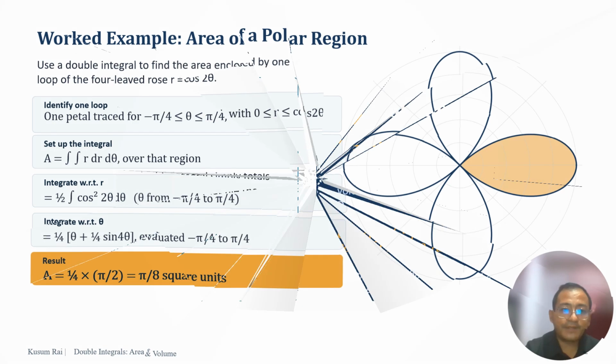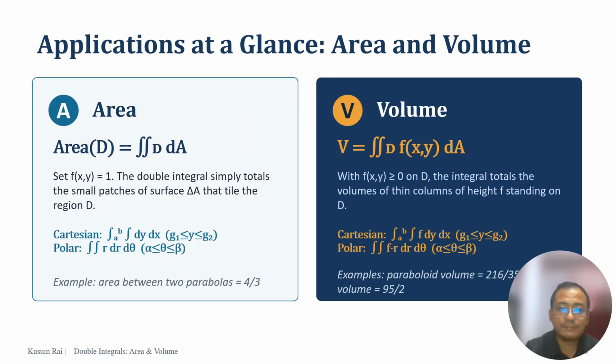So okay, at a glance: area and volume. Area of D is equal to the double integral over the region of dA, so set f(x, y) equal to 1.